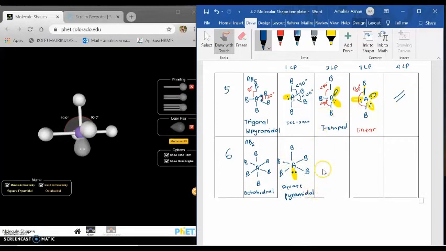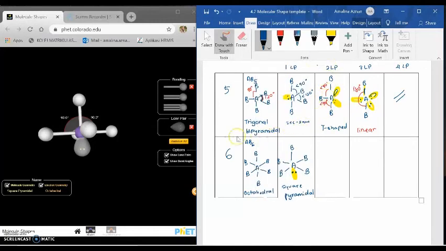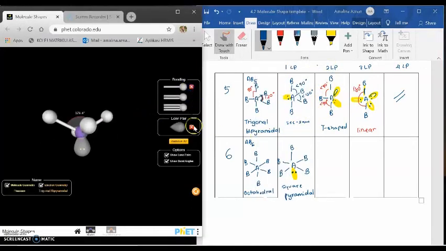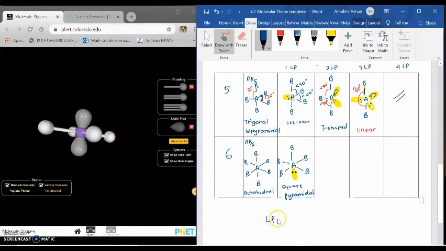Alright, next, if you have two lone pairs, what will happen? Okay, so remove one bonding pair, substitute with two lone pairs. So remember that lone pair has the biggest repulsion compared to lone pair and bonding pair.